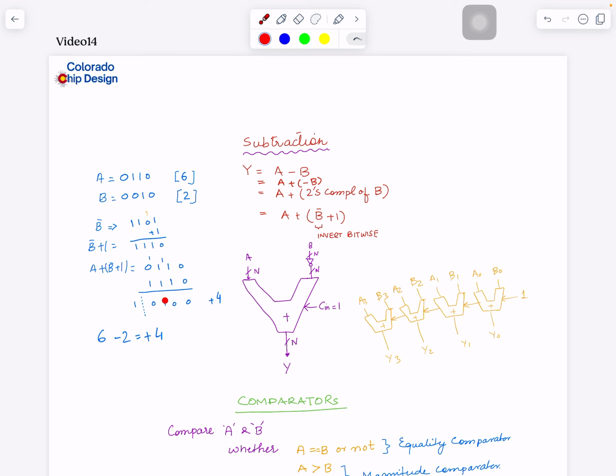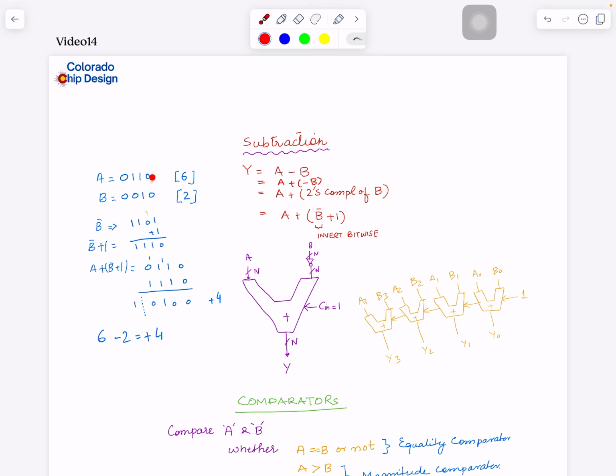So 1 is here, 1 is carry, 1, 1, 0, and 1. This is a carry out. We are interested in these 4 bits, which is what we had originally. This is positive and this is 4. So the answer is 4. Yes, 6 minus 2 should be 4. This is how we calculate, just to give you an idea.